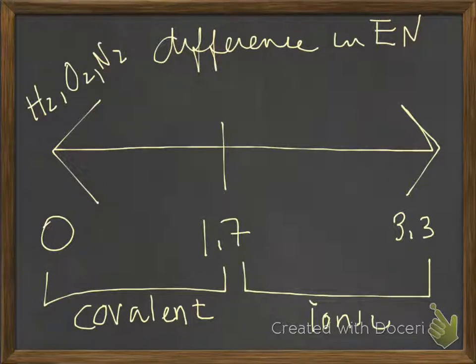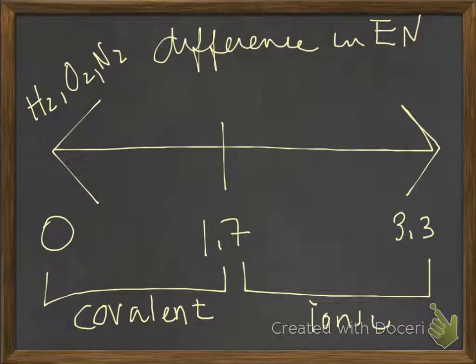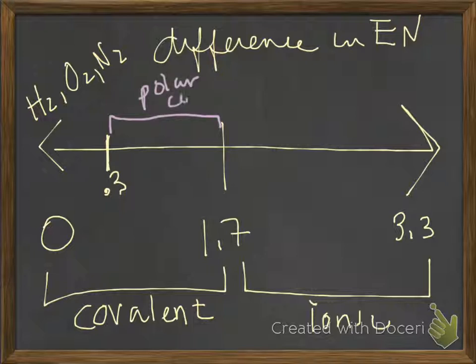And then there are things where they're not quite shared evenly. So the cutoff mark here is 0.3. If we're between 0.3 and 1.7, this is what's called a polar covalent.